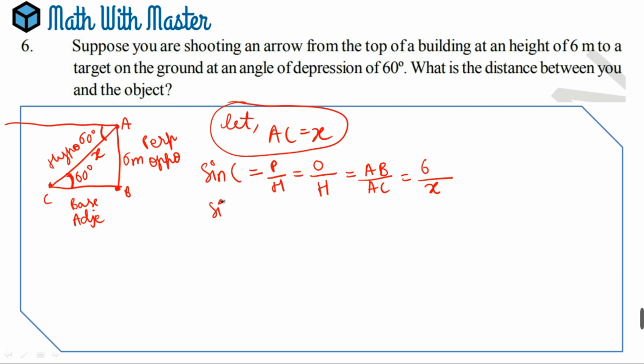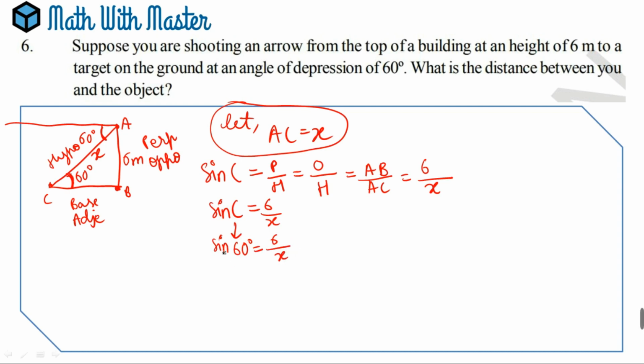So we can conclude here sine C is equal to 6 upon x. Instead of sine C we can write another thing over here. Angle C is equal to 60 degrees, so we can write sine 60 degrees is equal to 6 upon x.